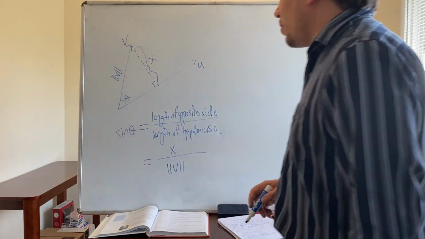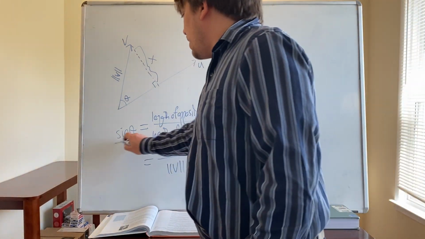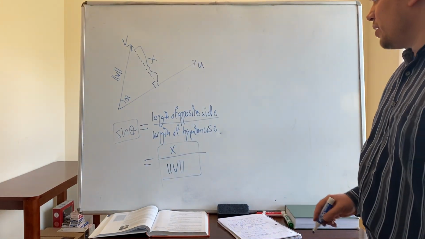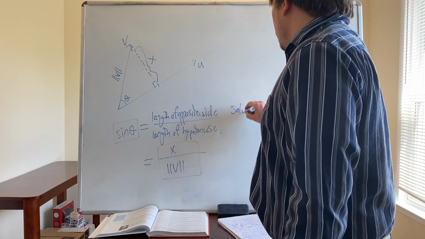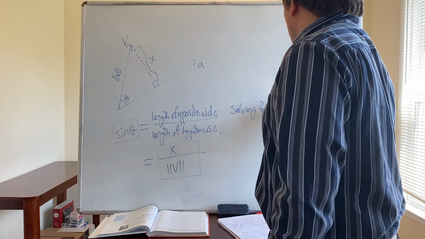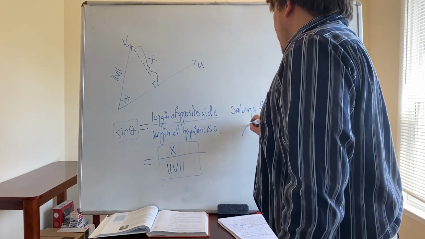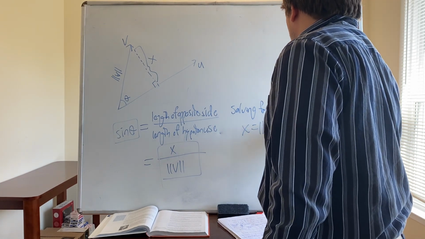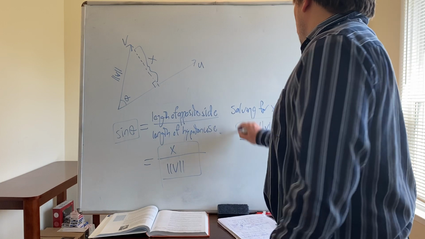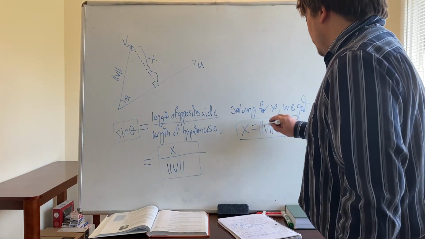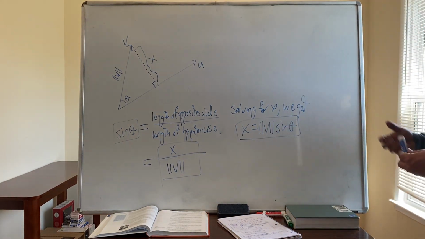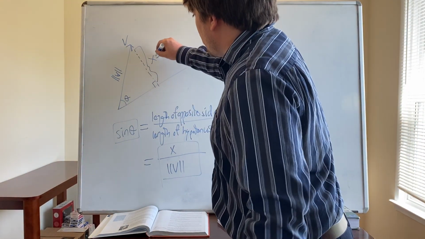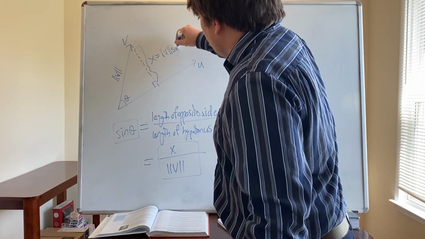So sine of theta is equal to x over the norm of v, and solving for x, we get that x is equal to the norm of v sine theta. So this side is equal to the norm of v sine theta.